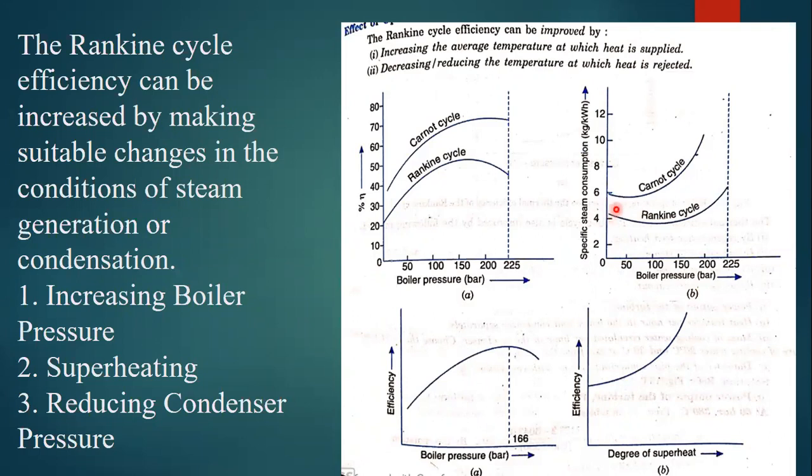At the start, at 0 bar it is around 5, but as it goes on, the specific consumption is going to be reduced. Once the specific steam consumption is reduced, then automatically efficiency is going to increase.